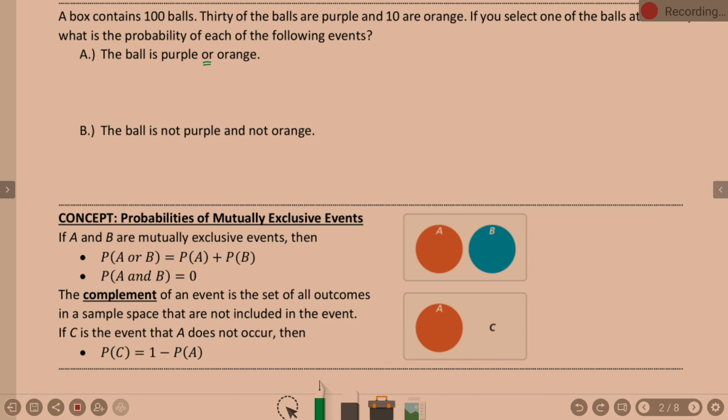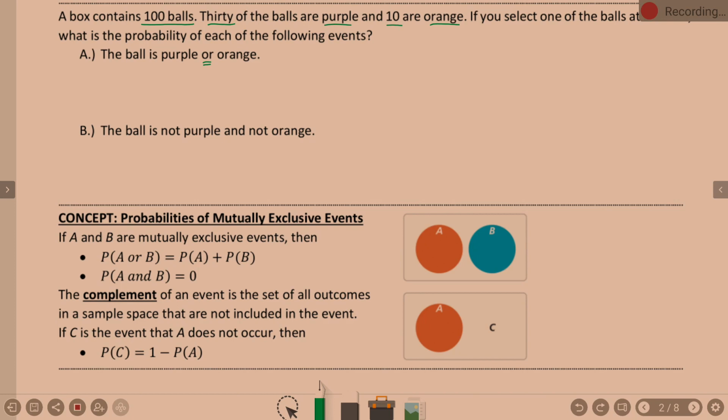There were 100 total, 30 are purple, 10 are orange. And again, notice we are just selecting one ball. We've not got multiple tries here or anything. So just look in there and grab which one.